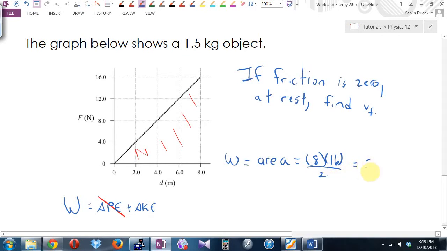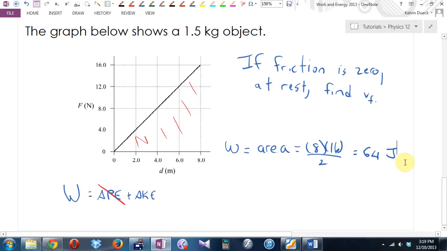In fact, I think I end up with 64 joules of work that have been done on this object. And if there's no friction, that energy had to go somewhere. Must have gone into kinetic because there's no friction. So what I'm really saying here is 64 equals a half m v final squared minus a half m v initial squared, which is zero because at rest.